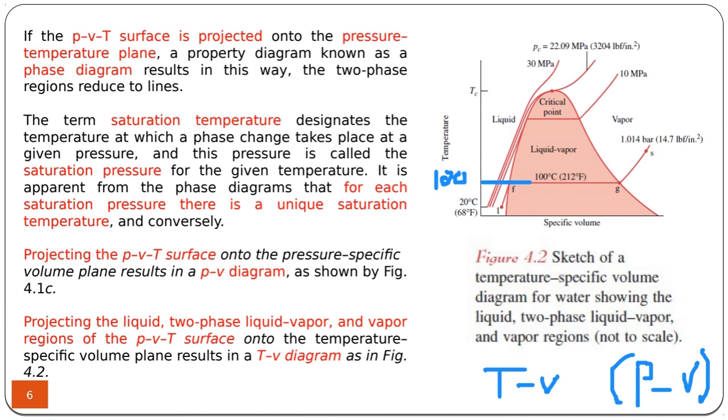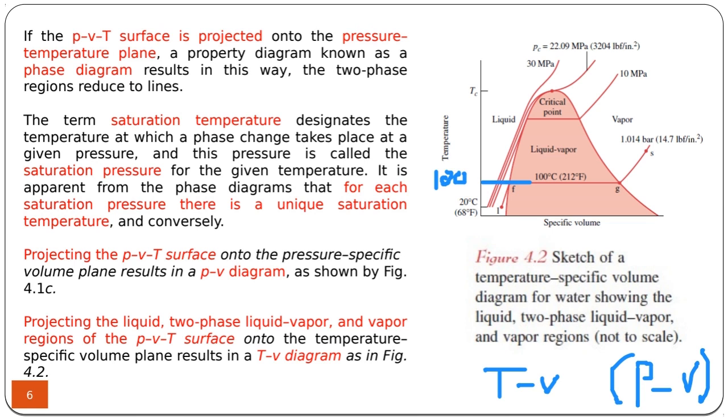If we have a higher pressure, for instance, if the pressure is 10 megapascals instead of 0.1 megapascal here, then you see that the phase change takes place at a much higher temperature. It could be something around 200. Or if you increase the pressure even further, then you get the critical point.